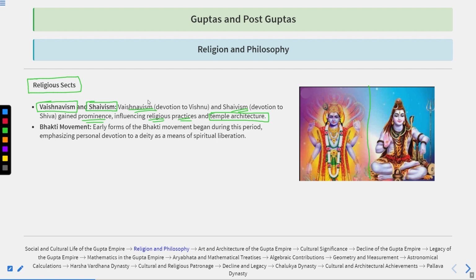In Vaishnavism, the temple architecture is according to devotion to Vishnu, whereas in Shaivism, the temple architecture is in accordance with devotion to Lord Shiva. So these sects basically evolved during this time. Along with these sects, another thing evolved during that time, and that was the evolution of untouchability.